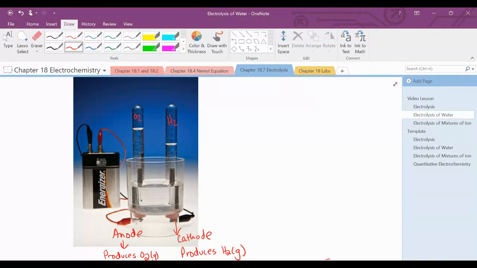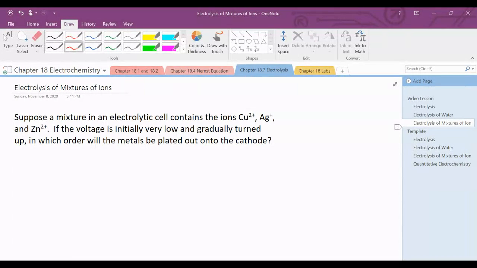The last thing we need to talk about in terms of electrolysis is plating out. Let's say I have a mixture in an electrolytic cell. It has copper, silver, and zinc. If initially the voltage is really low and gradually turned up, in what order will those metals, the copper, silver, and zinc, be plated out onto the cathode?